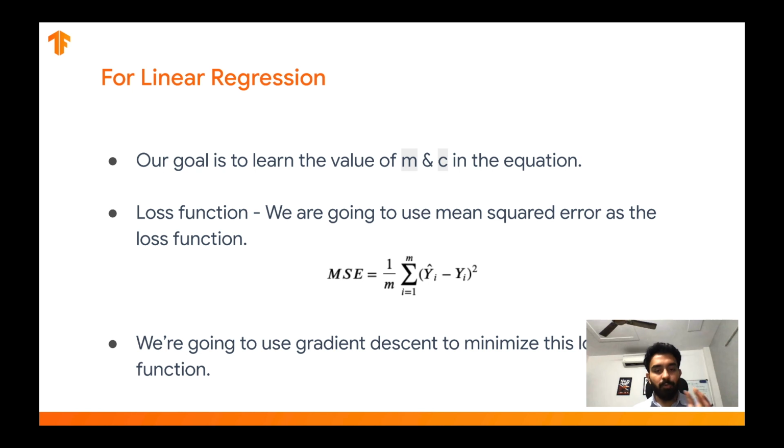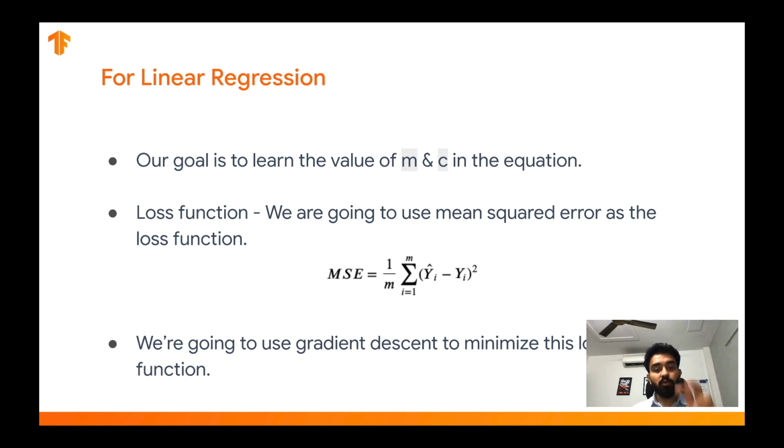And here is the equation as well. y hat is the predicted value, y i is the ground truth, and this is the equation for your mean squared error. You square the differences, sum them, and divide by the number of values, and that is your mean squared error.